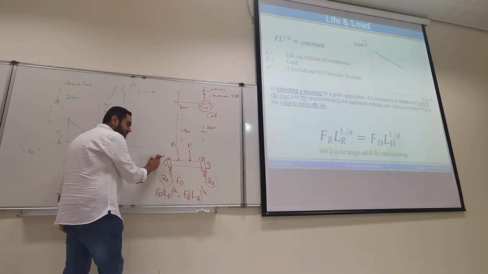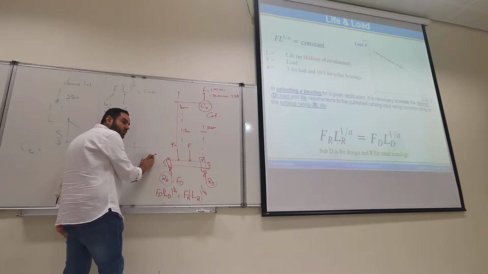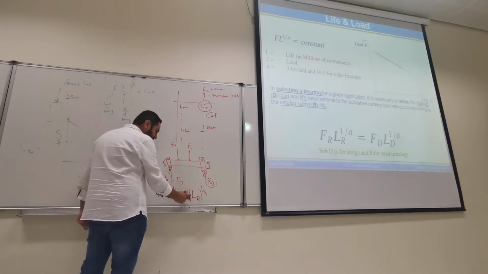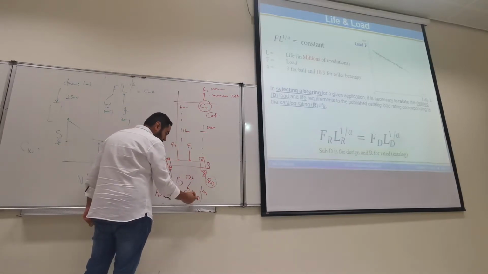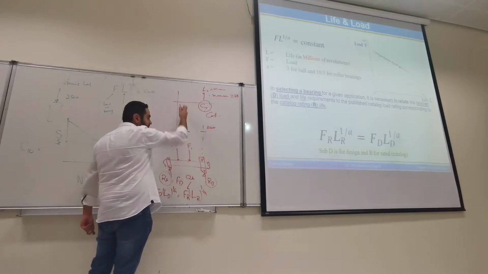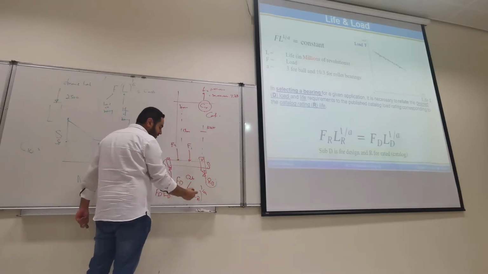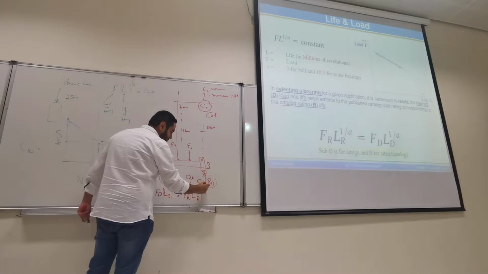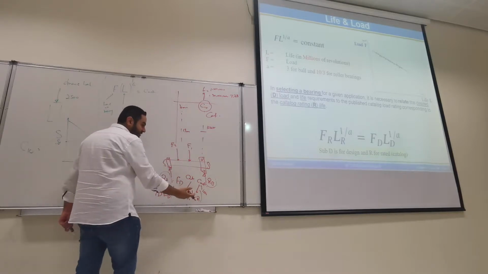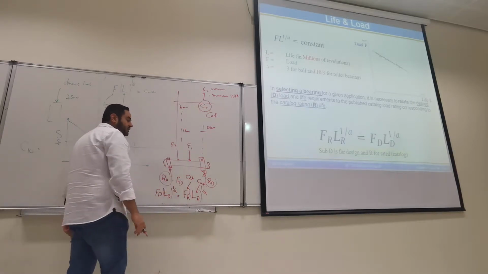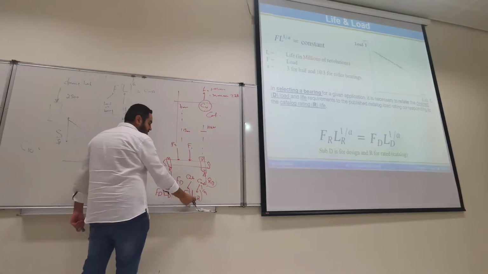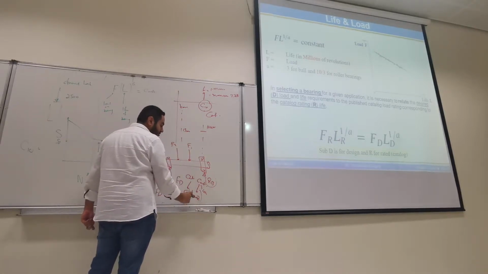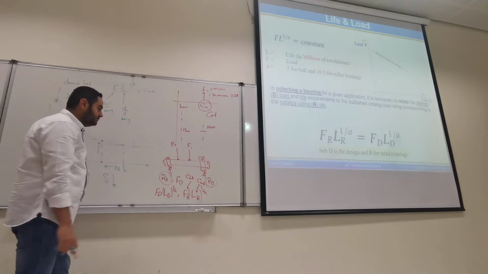The desired life is based on the design requirement for how many cycles you need this machine to run without any failure. This is from the catalog, constant, based on the size of the bearing when you go to select. And the rated life is the life based on the test by the manufacturer, which has two values, either 1 million or 90 million, depending on the type of bearing.